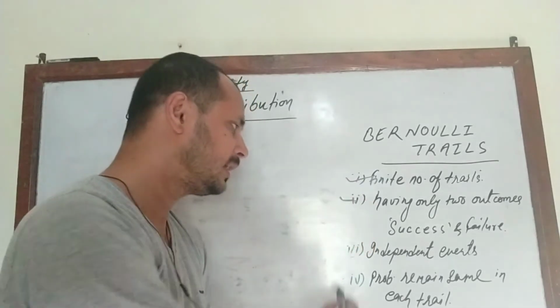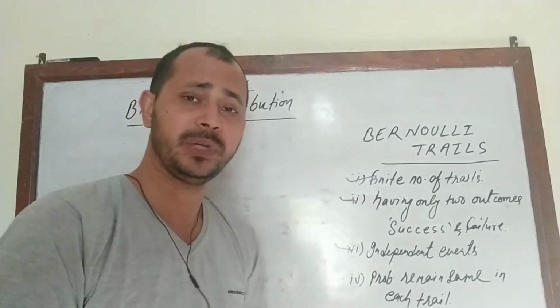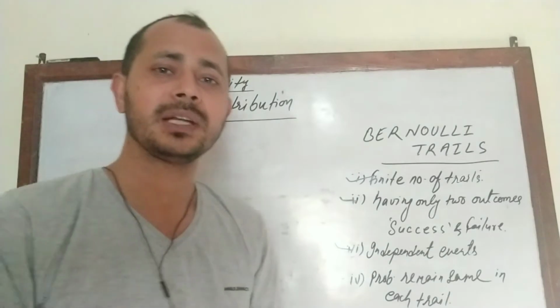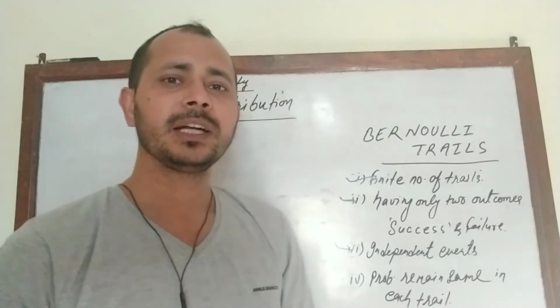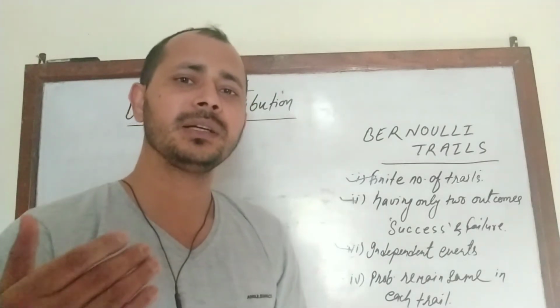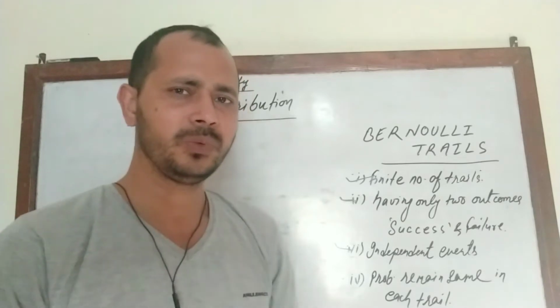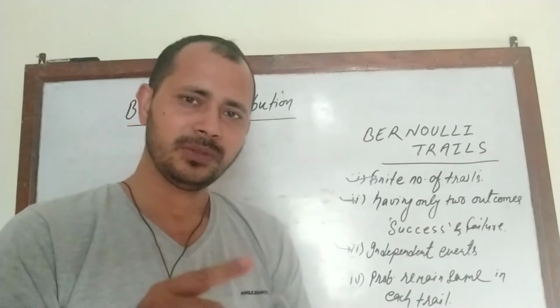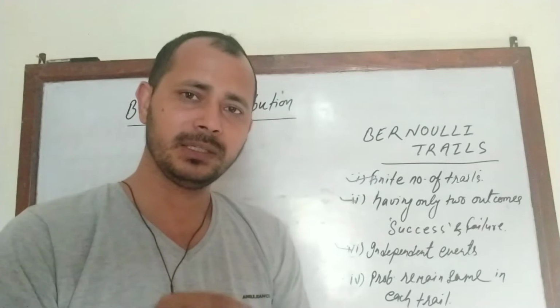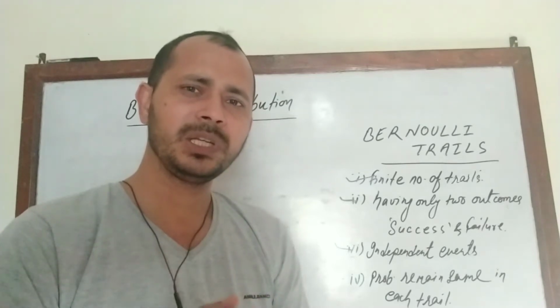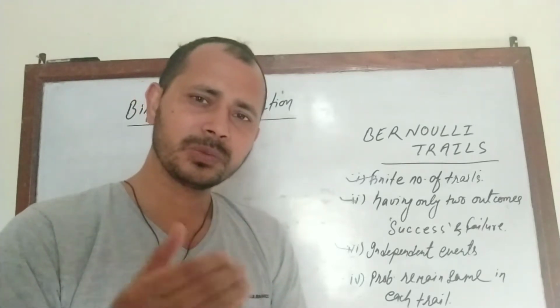Third, events must be independent. Whatever comes in the first trial must not affect the outcome of the second trial. So when a coin is tossed 10 times, if the coin shows head in the first trial, it doesn't mean that in the second trial something else will occur because of that head.